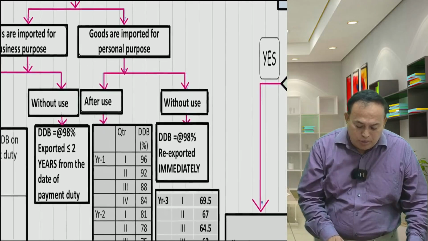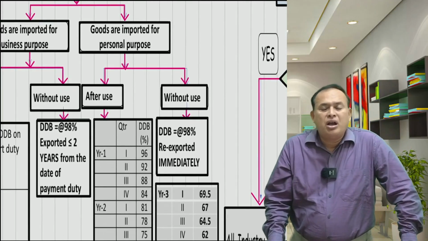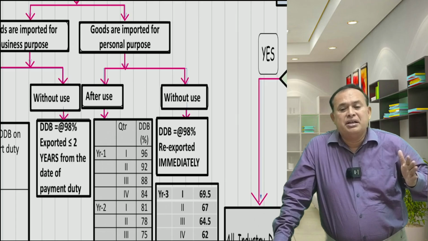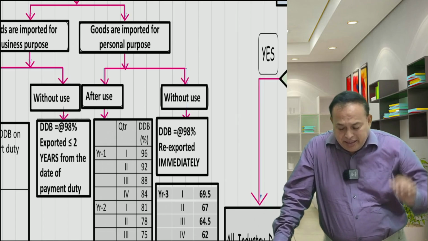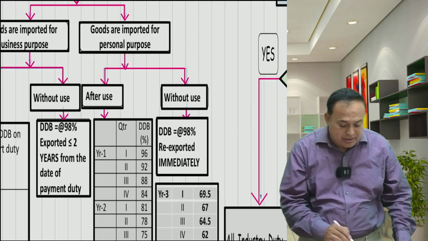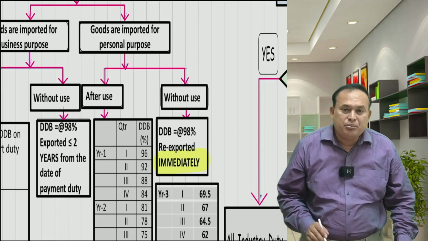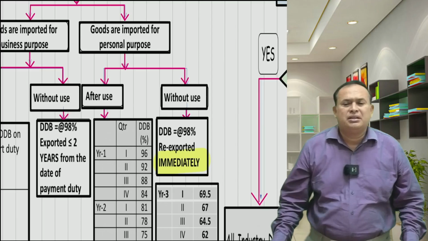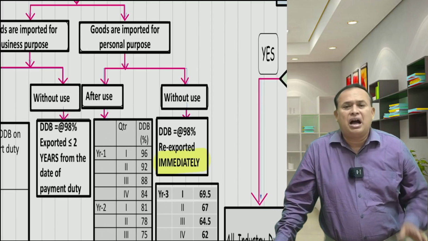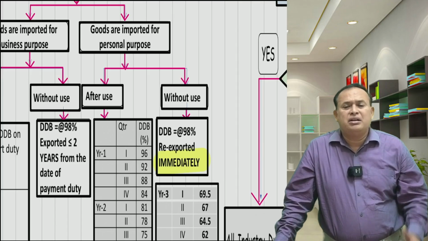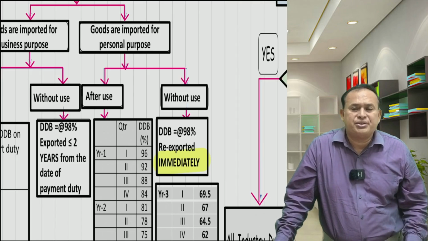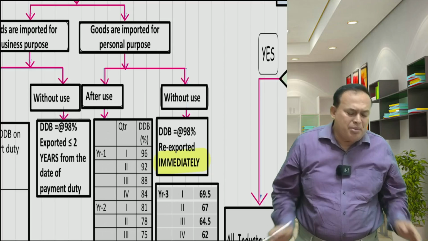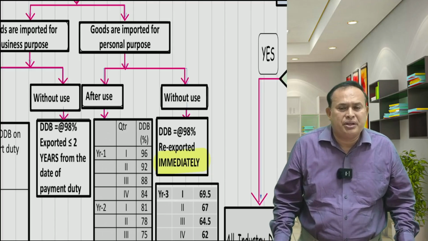If the goods are imported for personal purposes by payment of import duty, that is exporting back without use immediately. Immediately means almost before clearing the goods for home consumption. In that case, I already paid import duty and I have not used it for my personal purposes, and I am exporting back immediately, maybe in a couple of days of payment of import duty.